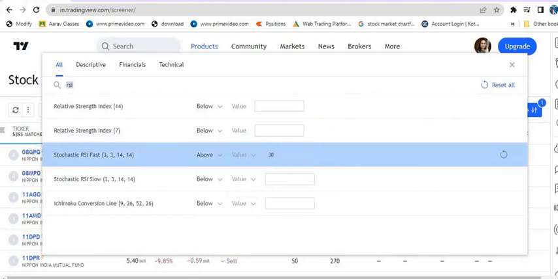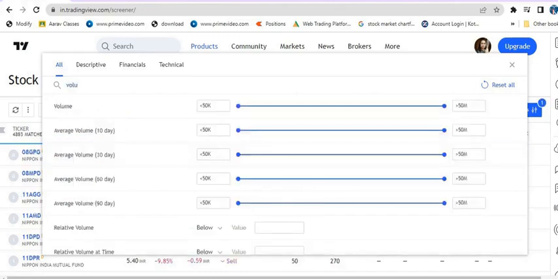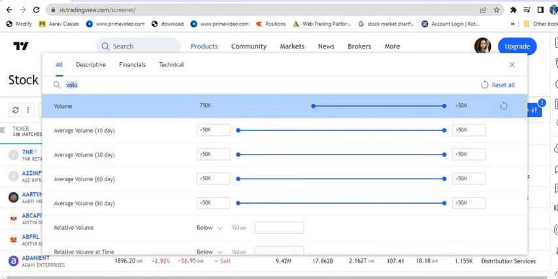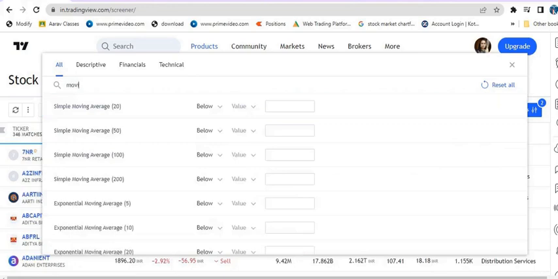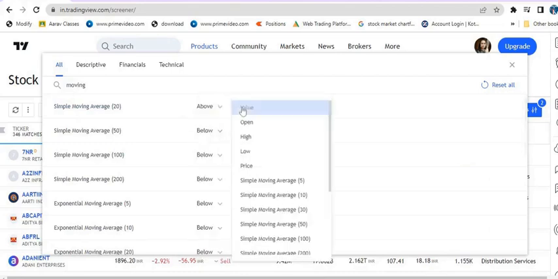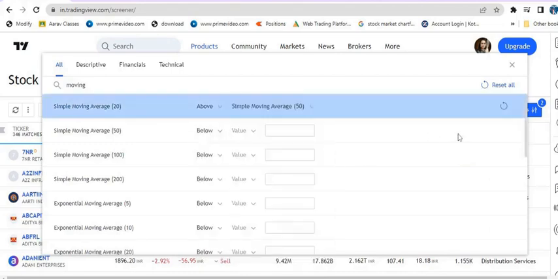And volume has to be more than 5 lakhs. And moving average 20 is above moving average 50.